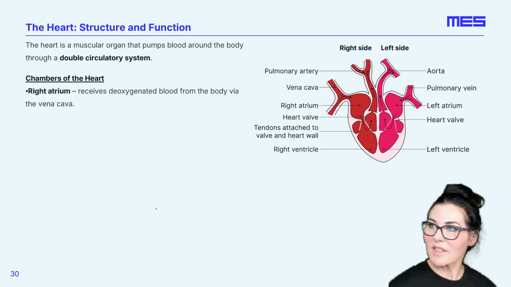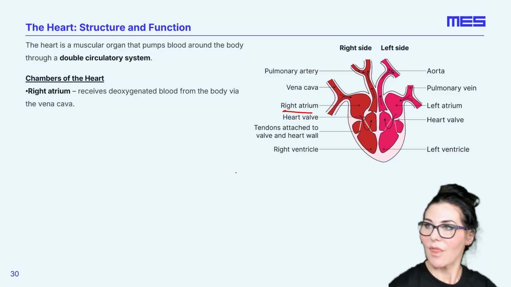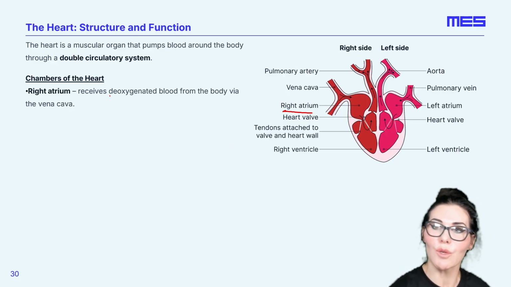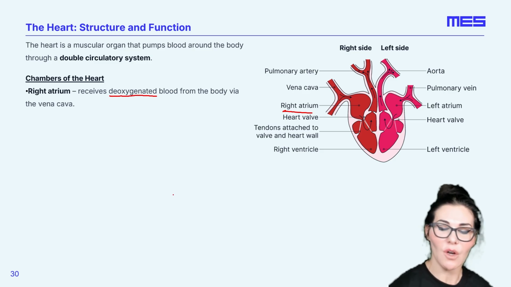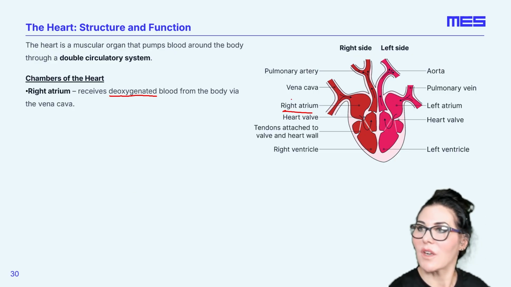Now, the right atrium, the right side here, is our top right chamber. This is the chamber that's receiving the deoxygenated blood that's just come from the body, so it's full of carbon dioxide. And it enters the right atrium through a really big vein called the vena cava.